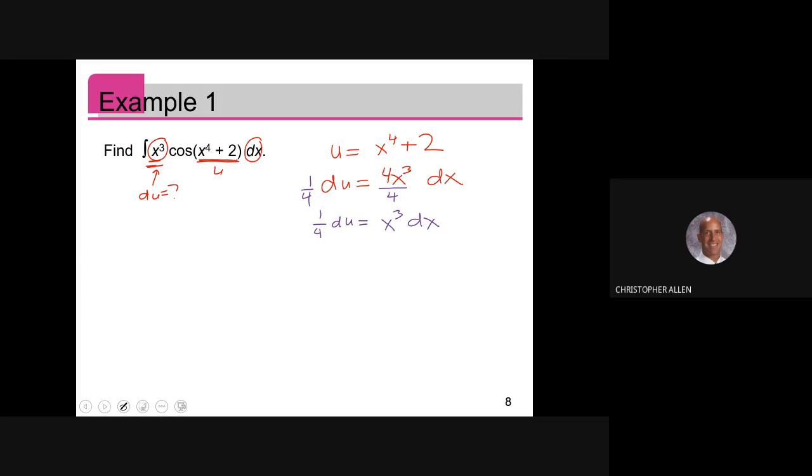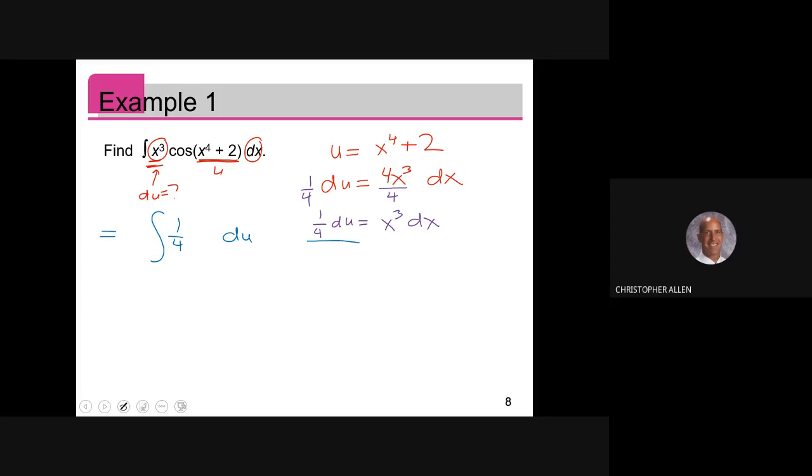Now I'm going to rewrite my integral. Okay? Let's do it in dark blue. So this is now going to become the integral. Now, what am I going to put in for x to the third dx? Well, I'm putting in this right here, right? 1/4 du. So I'm going to put 1/4, and then I'm going to go ahead and put du right there.